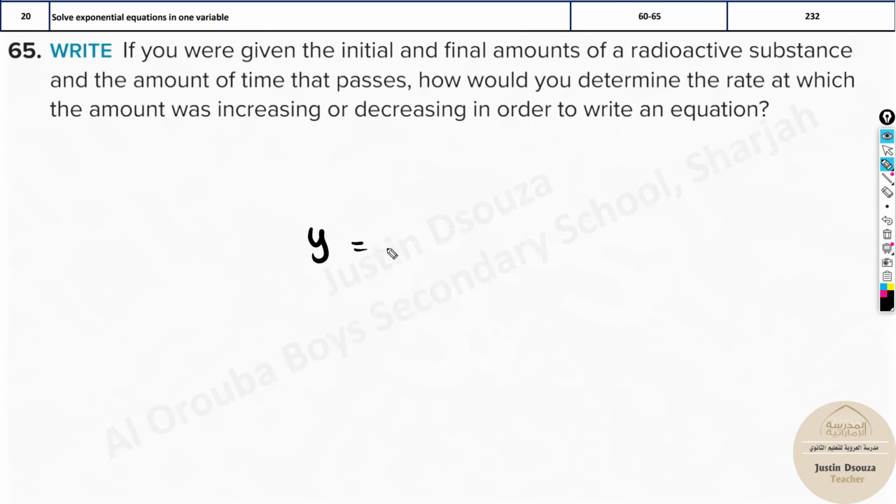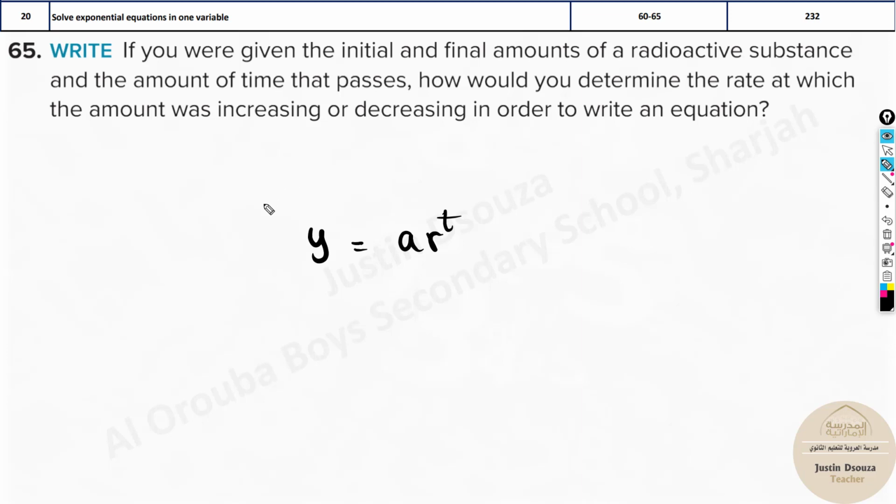It's given by y, the final amount, equals a, the initial amount, times r to the power t, where t is the amount of time that passes. So this is the equation.